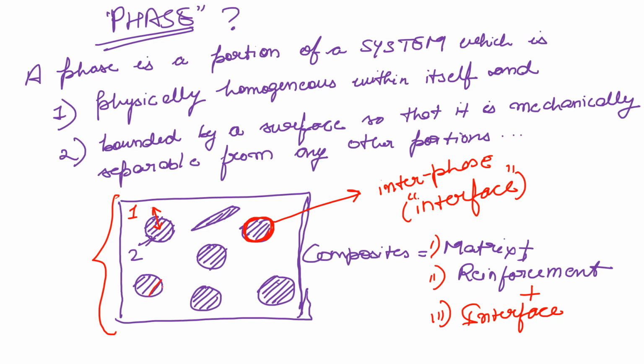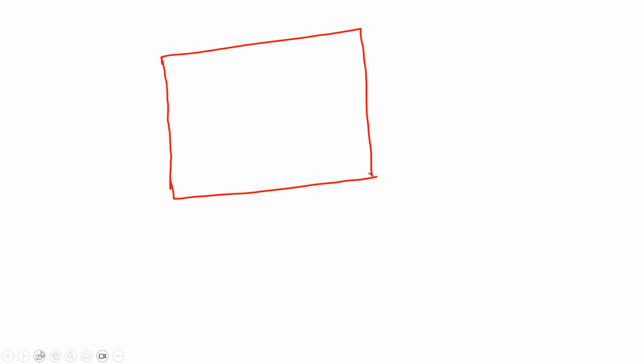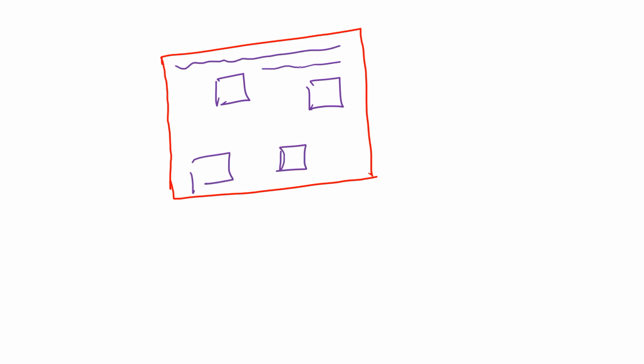And when we talk about phase diagrams, the phase that we'll be talking about can be characterized by the structure. So the physical structure is how we characterize the phase, even though the chemical component could be the same. For example, let's say we have a system here, and we have ice cubes floating in it, and the remaining is water.